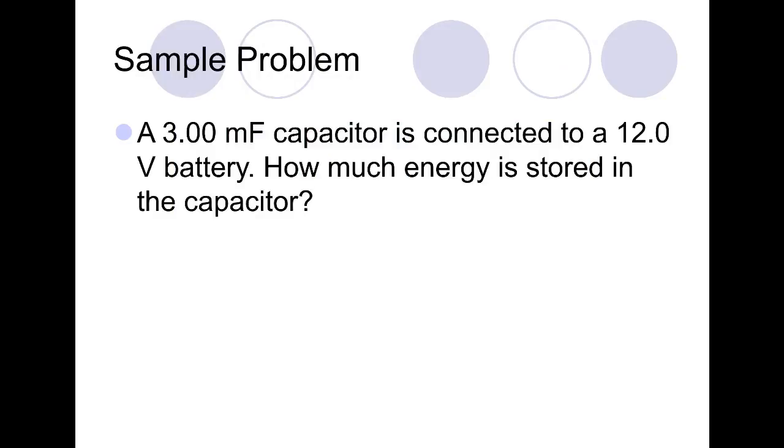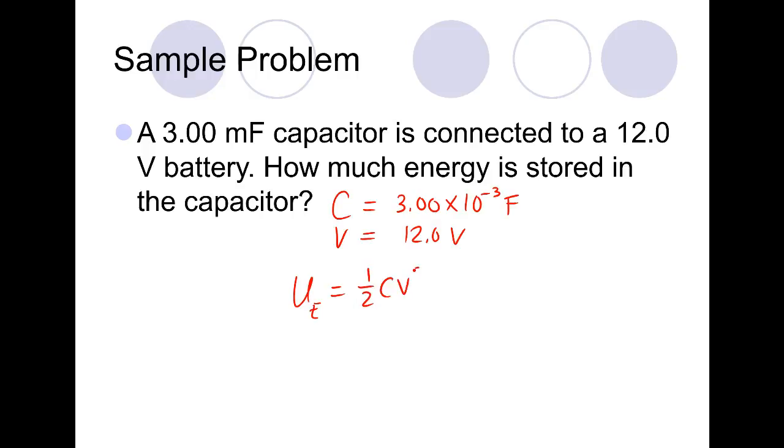So for example, a 3 millifarad capacitor, so C is 3.00 times 10 to the minus 3 farads, which is pretty big actually, is connected to a 12-volt battery. How much energy is stored in this capacitor? Well, we just have to use our equation that the electrical energy stored is 1/2 CV squared.